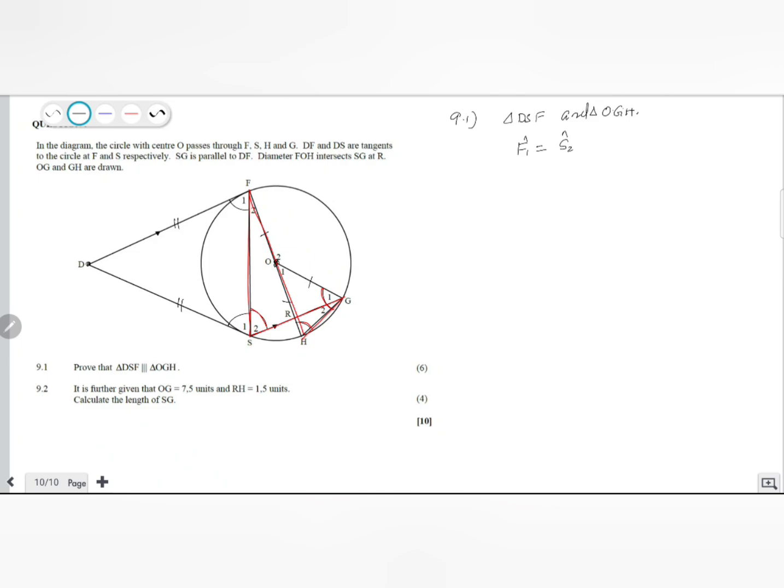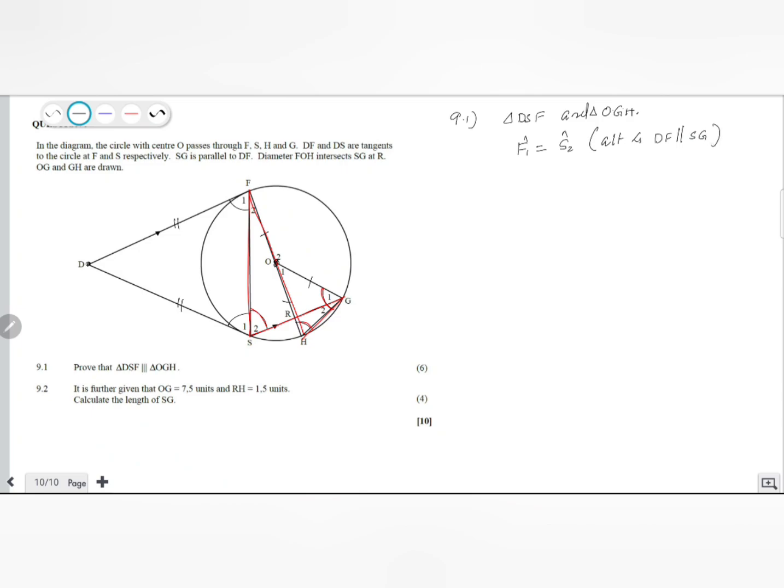So what is the reason? Alternate angles, isn't it? In brackets we can write, alternate angles are equal. And you have to indicate the parallel lines. That is, DF is parallel to SG.